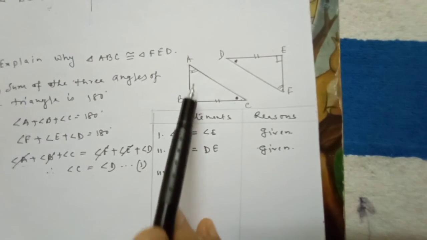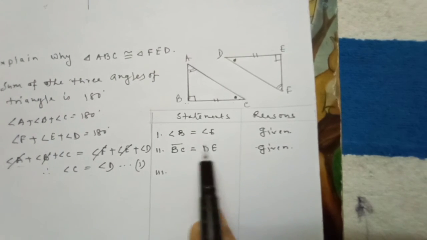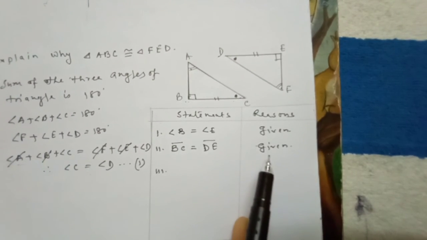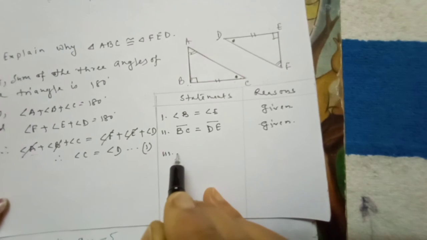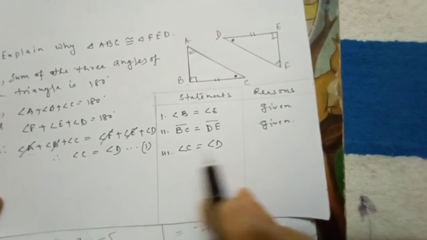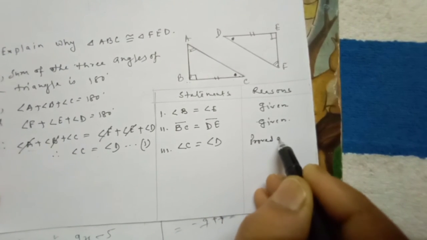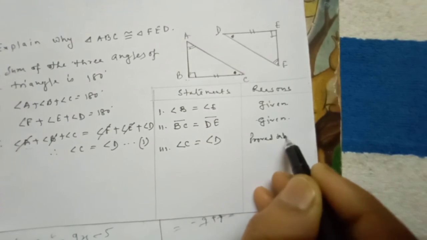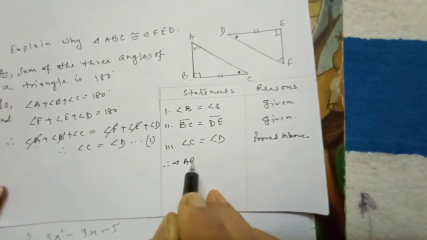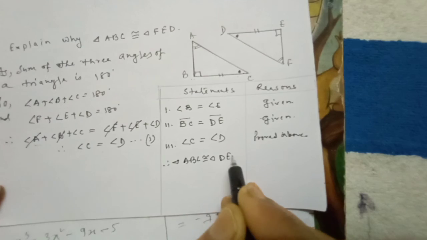In triangles ABC and DEF, angle B is equal to angle E, it is given. Side BC is equal to side DE, it is also given. Angle C is equal to angle D, just now proved above. Therefore triangle ABC is congruent to triangle DEF.